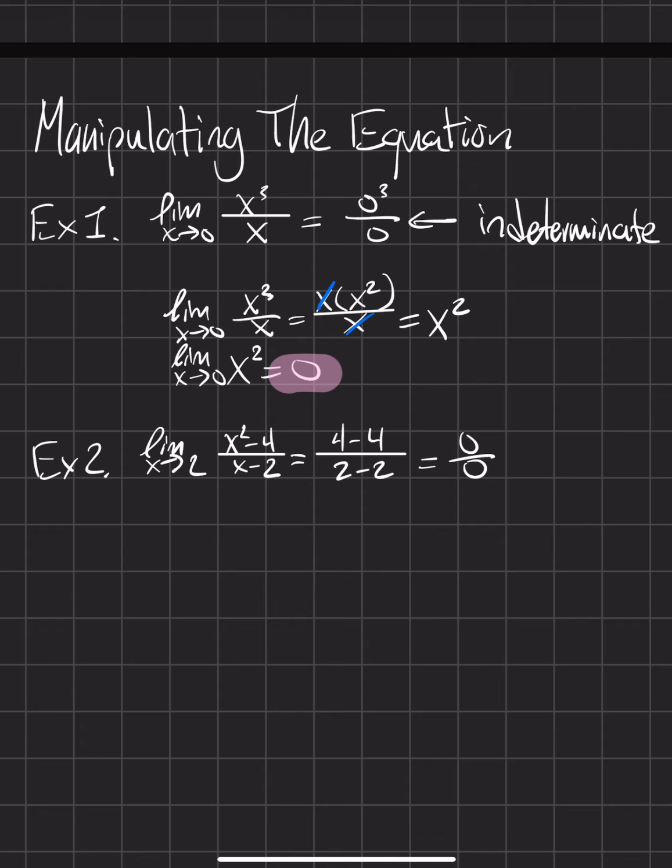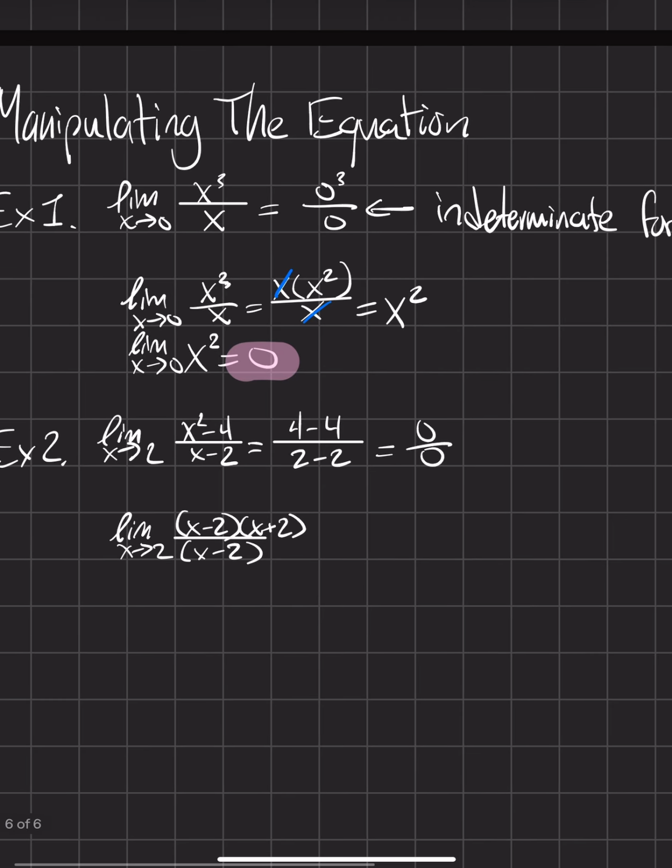So with this problem, what we have to recognize here is that we're able to factor our x squared minus 4. And what we can get here is the limit as x approaches 2 of (x minus 2)(x plus 2) over (x minus 2), right? Because if you FOIL this out, your (x minus 2)(x plus 2), you get x squared minus 4, difference of squares.